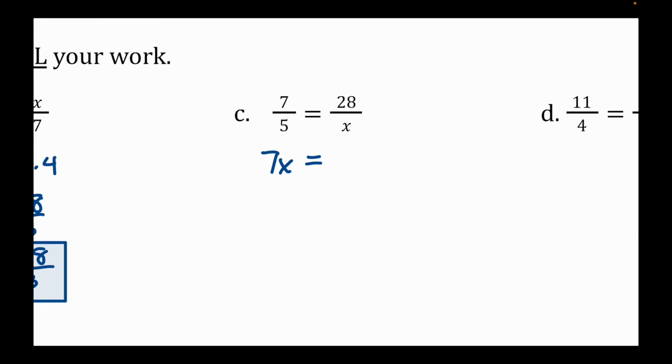I believe it should be 140 without even doing that on a calculator, because 5 times 30 is just 5 times 3 with the 0 added on. And 5 times 3 is 15, with the 0 is 150. But I am not actually using 30, I'm only using 28. So I have to take two 5s out, which is a 10. It's going to be 140.